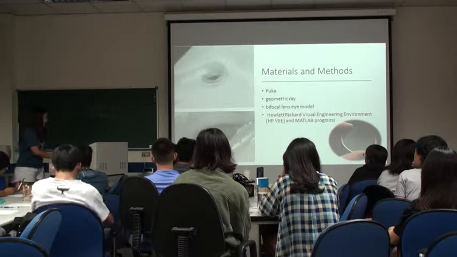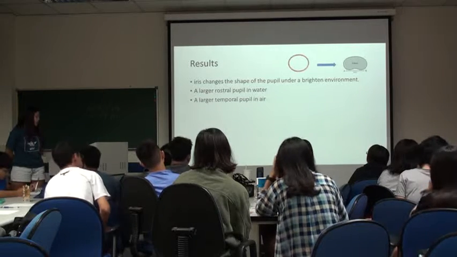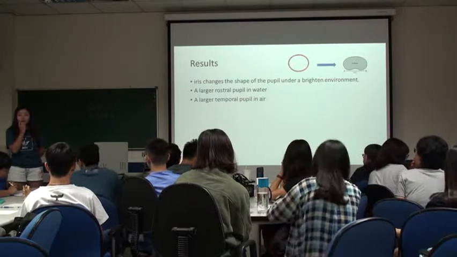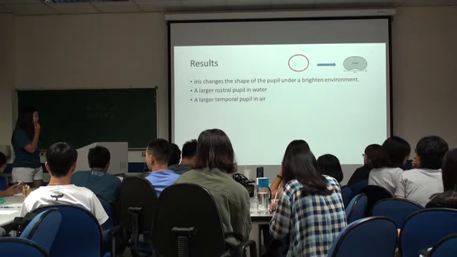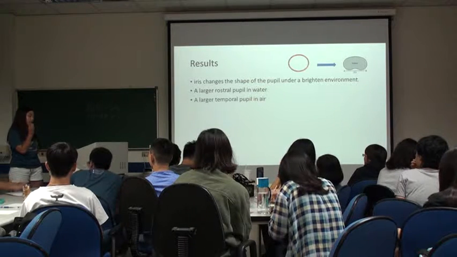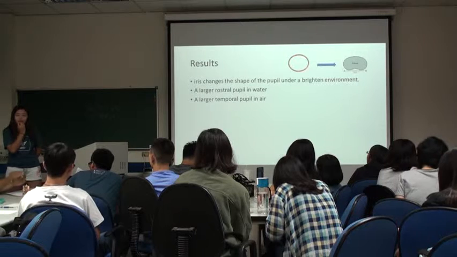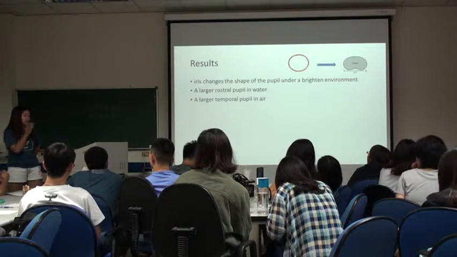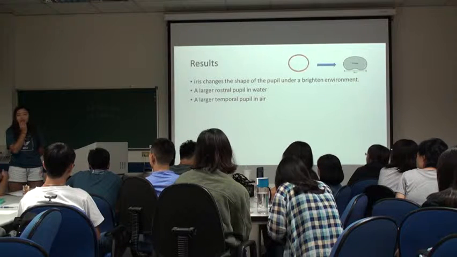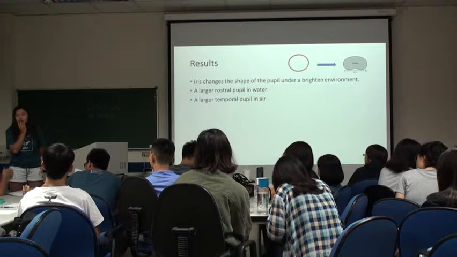What I mean is, when dolphins want to see things clearly, the pupil in water will become a circle shape, and in the air it will become a beam shape. And they do this by using the iris to control, like it can dilate or constrict the pupils to get clear vision.